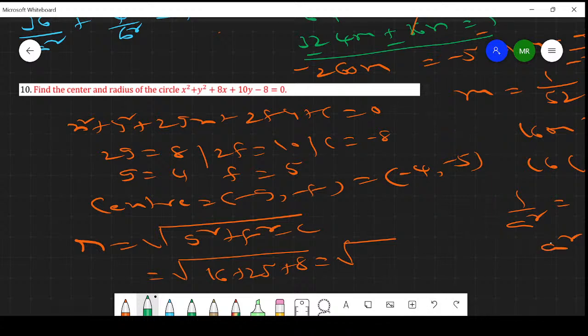You can simplify this value now. 16 plus 25 plus 8, it will be root 49, right? It will be 7. The answer: radius will be 7.